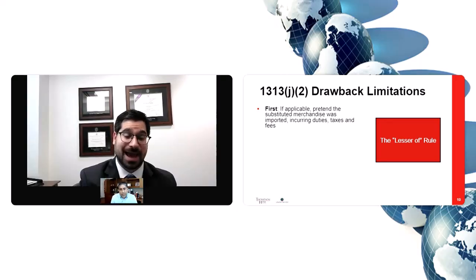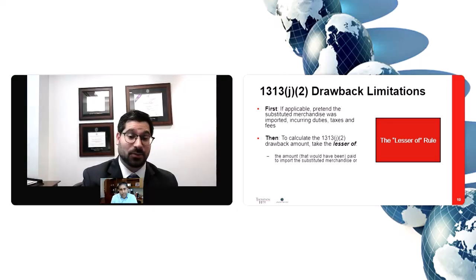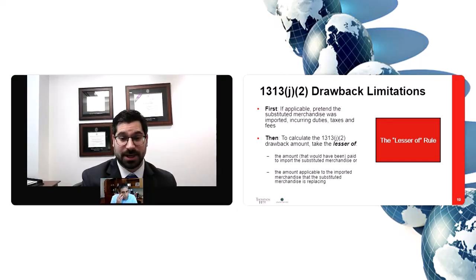Then to calculate your J2 drawback amount, you take the lesser of the amount that either would have been paid or was actually paid on that substituted merchandise, or the amount applicable to the imported merchandise that the substituted merchandise is replacing. To state that differently, you're only getting refunded the smaller of the two duty amounts, which prevents over refunds when substituted goods are used.